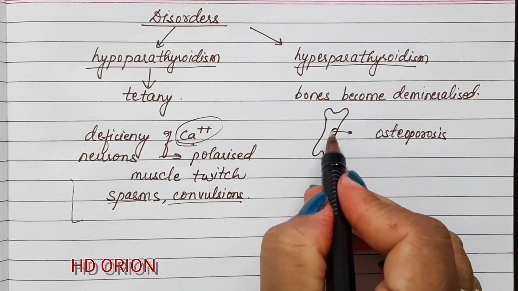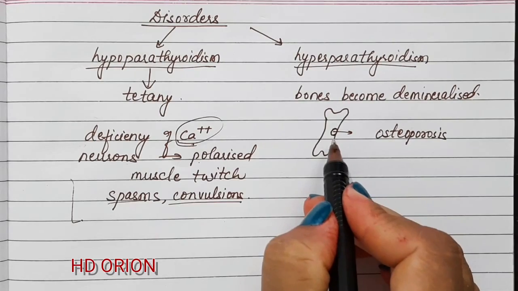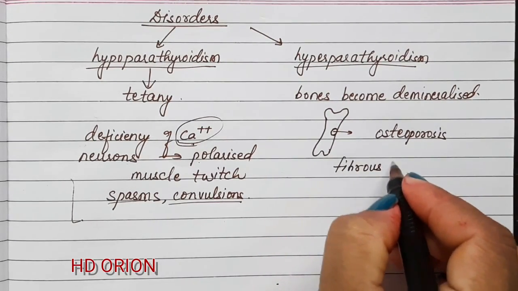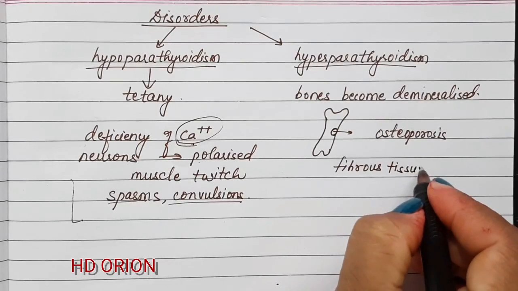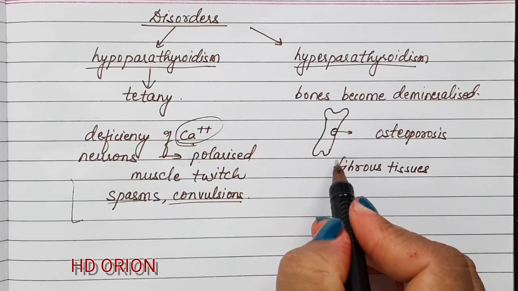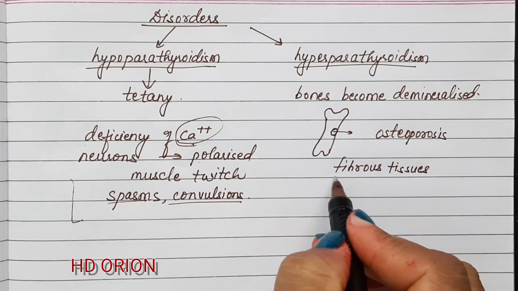And when there is this osteoporosis, this gets filled up with fibrous tissues. This is a later stage. After osteoporosis, there is a hole, and usually the healing takes place by the fibrosis process.